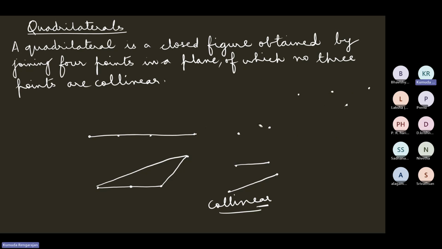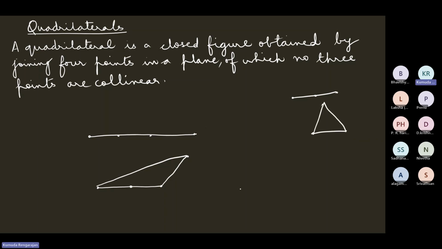So to form a triangle, we need 3 points in a plane. If the 3 points are collinear, no triangle is formed. But if the 3 points are not collinear, then you can join the points and form a triangle.